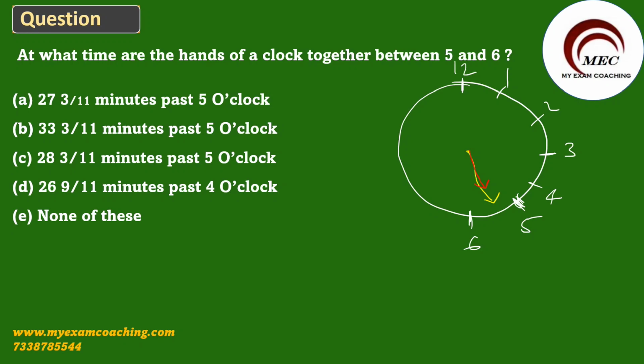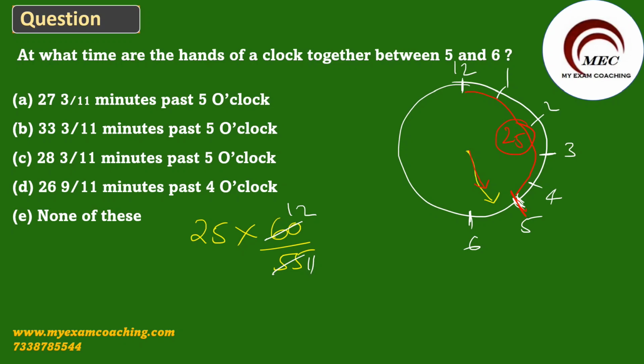Now from here you can count 5 minutes, 10 minutes, 15 minutes, 20 minutes, 25. Up to here we have 25 minutes. Now what we have to do is multiply that 25 minutes by the minute space, 60 by 55. Again you can cut by 12 times, 11 times. Multiply by 12 by 11.